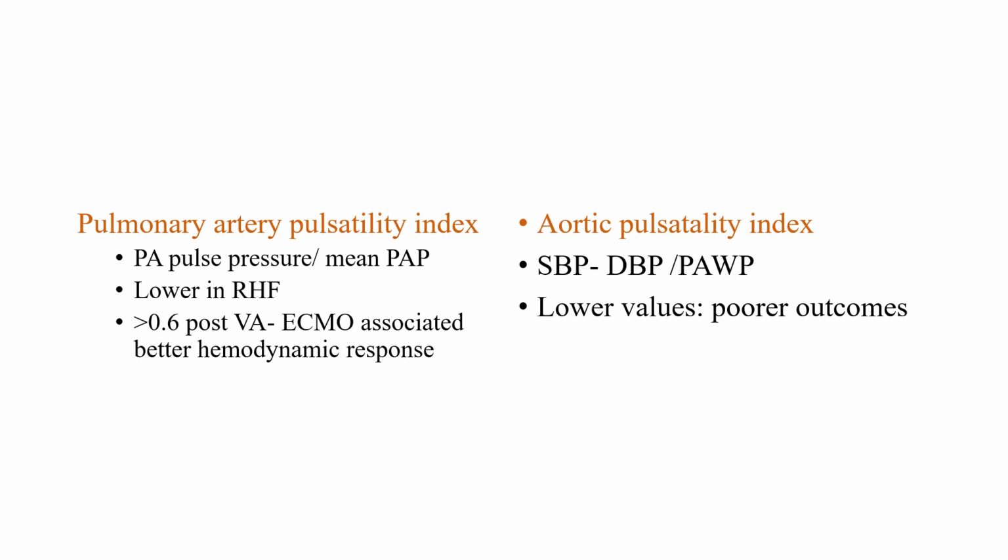Pulmonary artery pulsatility index values will be lower in right heart failure. A pulmonary artery pulsatility index of more than 0.6 in post VA ECMO patients indicates a better hemodynamic response. Similarly, lower aortic pulsatility index values indicate poorer outcomes.